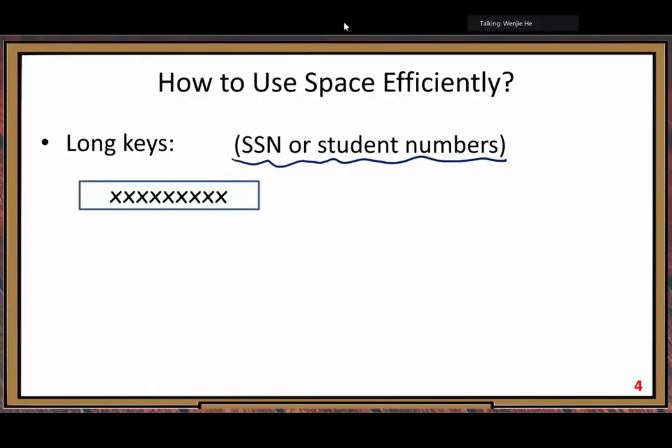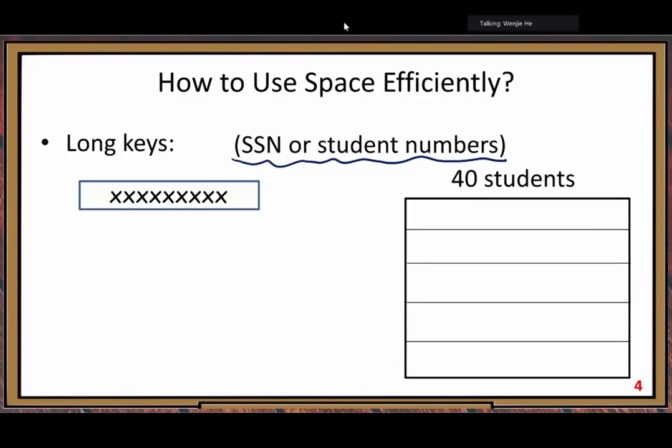For example, here, social security number or student number, 7, 3, 9, 8 number of digits. But suppose we only have 40 students. You cannot create an array using the student number as array indices directly, wasting too much memory space.